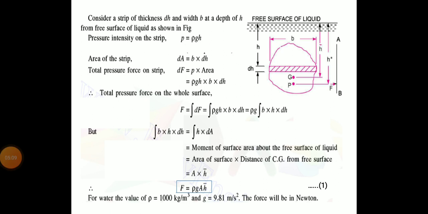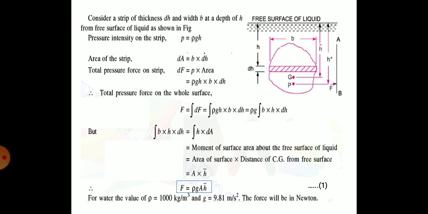The total pressure force on the strip, dF, is equal to pressure intensity into area, which is equal to rho g h into b into dh. Therefore, the total pressure force on the whole surface, that is F, is equal to the integration of dF, which equals the integration of rho g h into b into dh, which is equal to rho g into the integration of b into h into dh.